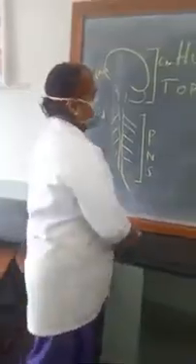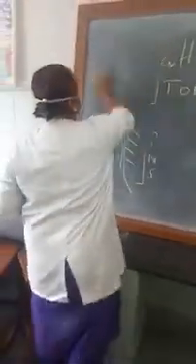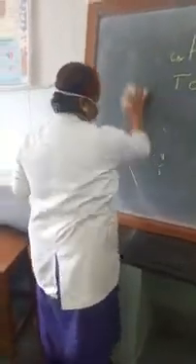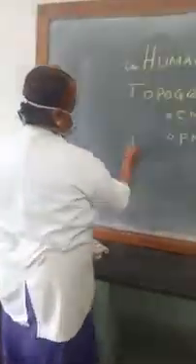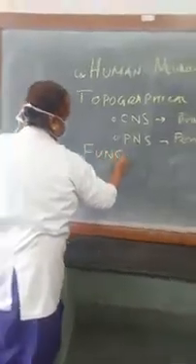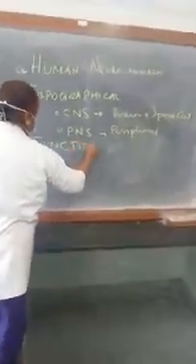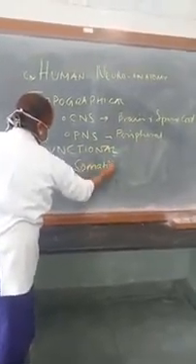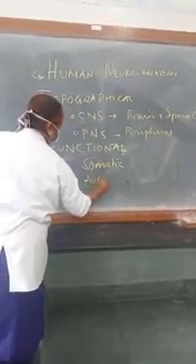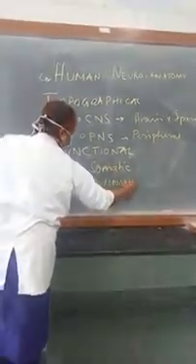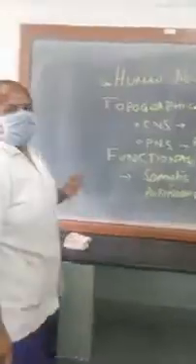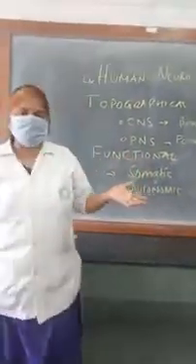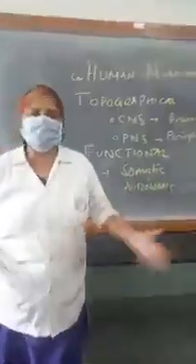The next classification is called the functional classification. So what is the functional classification? The somatic nervous system and the autonomic nervous system. What do we mean by that? How do you know the nervous system is acting in the body? You can't see the nervous system.